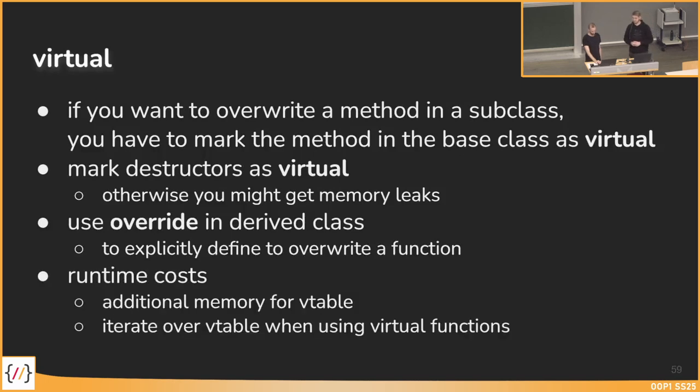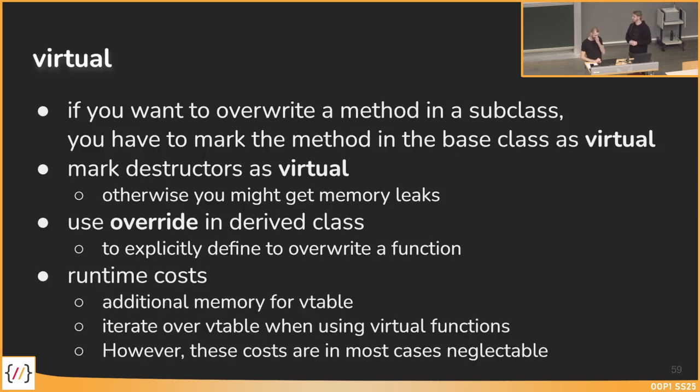And as I have said before, virtual has some runtime costs, so maybe your program takes a few milliseconds longer, but for our course it's perfectly fine, so we can neglect this, and using virtual has a lot of benefits.